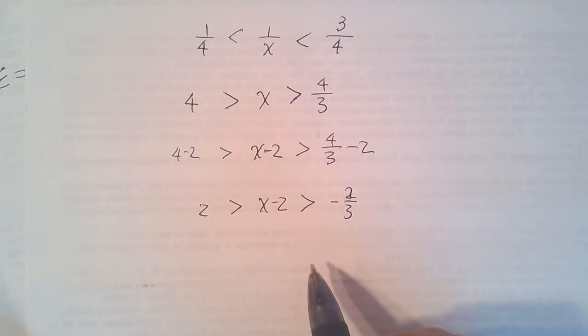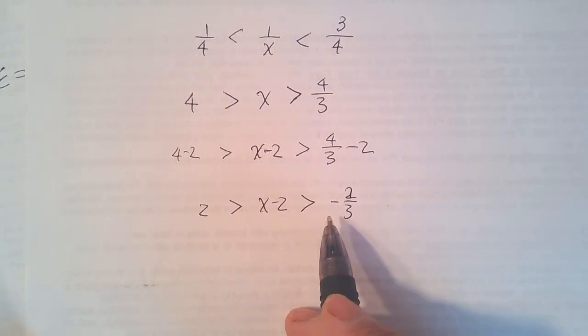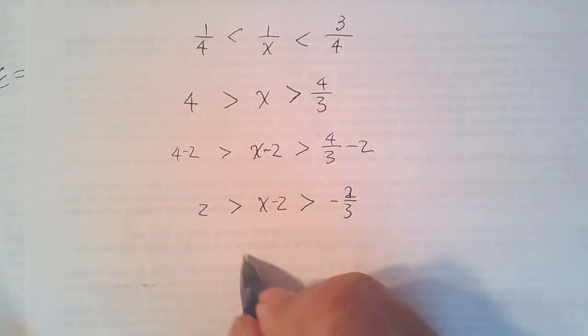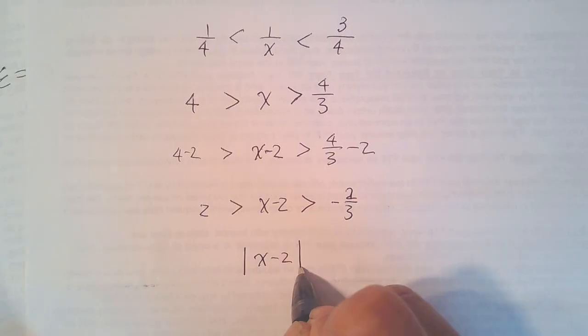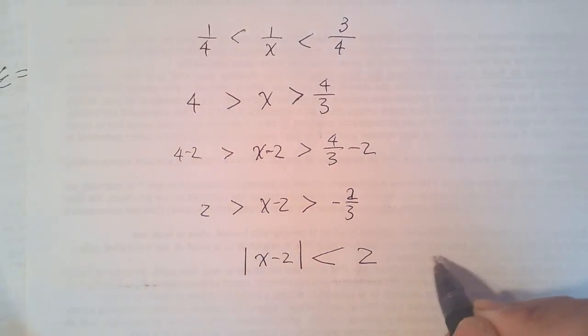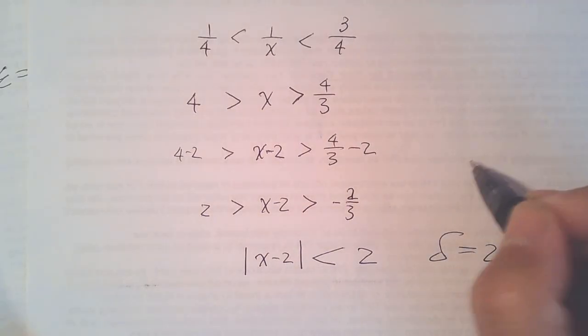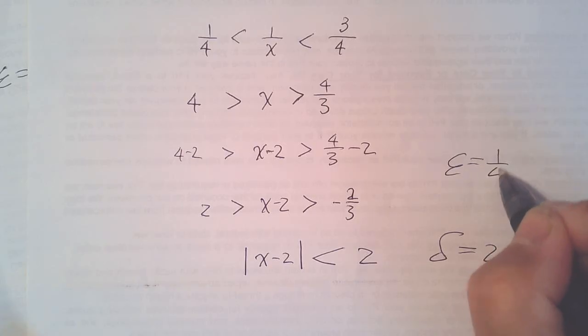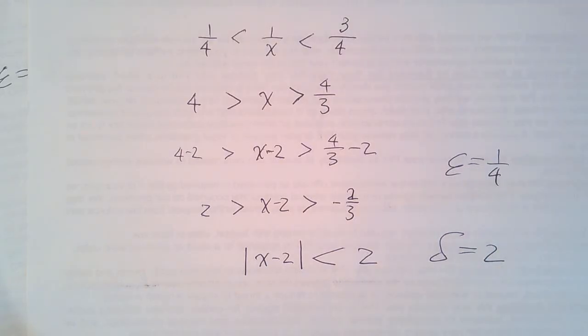Therefore, because my x minus 2 is between negative 2/3 and 2, the absolute value of x minus 2 has to be less than 2. So that's my delta, delta is 2. So for the given epsilon of 1/4, I got a delta. You see how the process works?